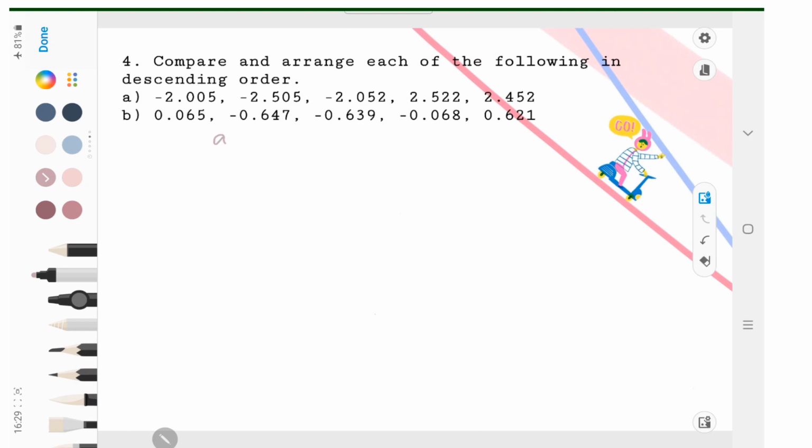So it will be 2.522, which is the largest decimal in this group, followed by 2.452. Then the negative decimals are negative 2.005, negative 2.052, and negative 2.505.